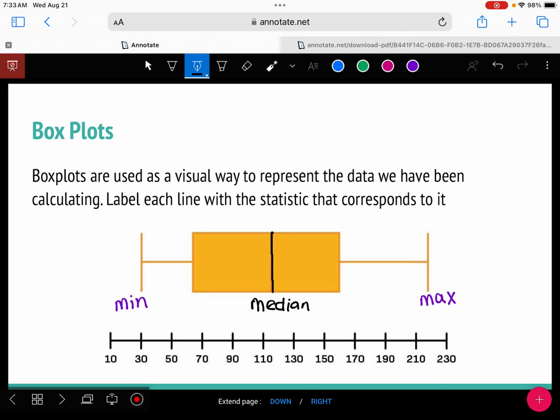They're not just a random width. It's our lower quartile and our upper quartile. So this edge is our lower quartile, and this edge is our upper quartile. This visual representation shows us that inside the box, right around our median, this is where half the people are.